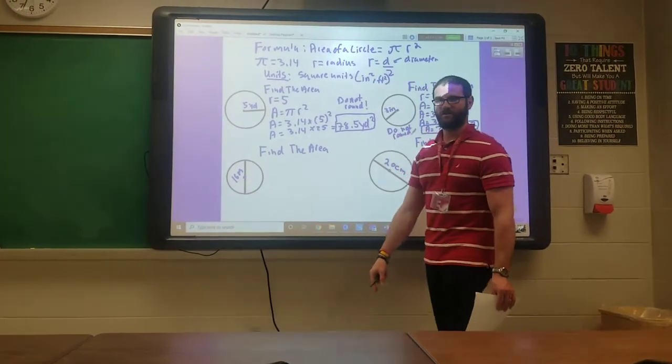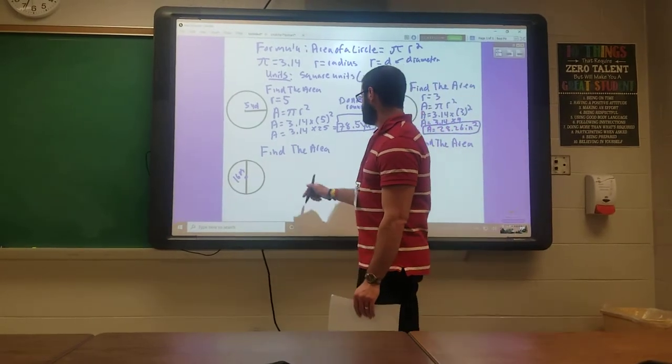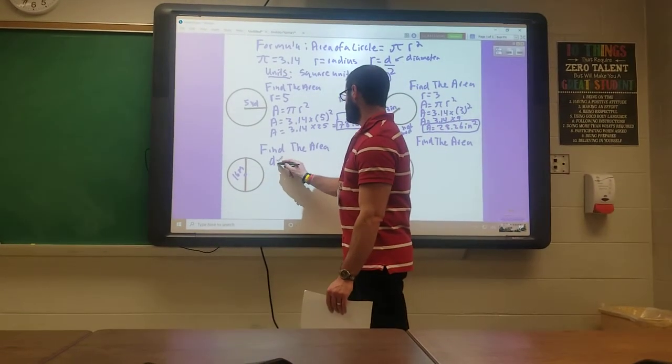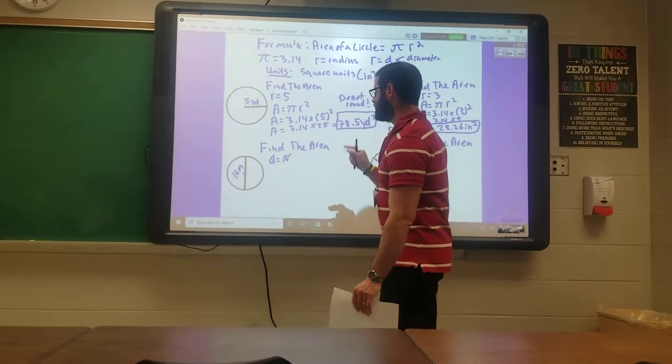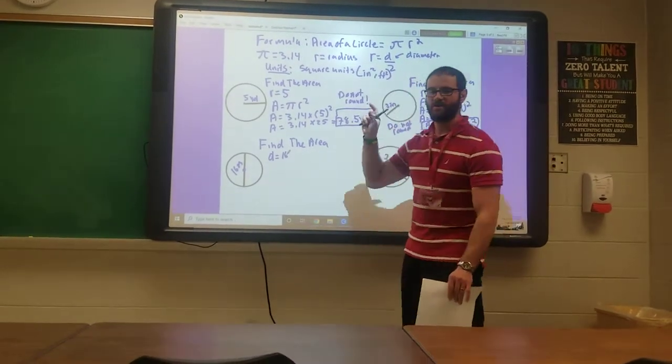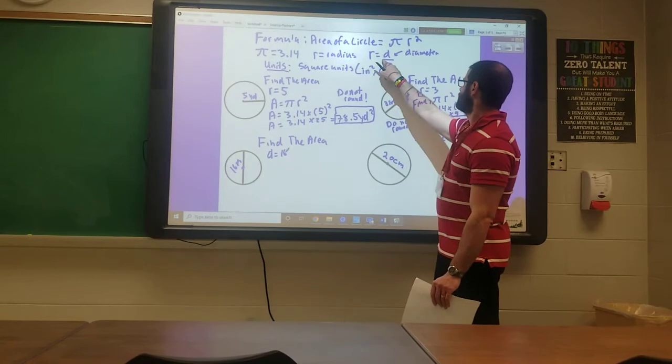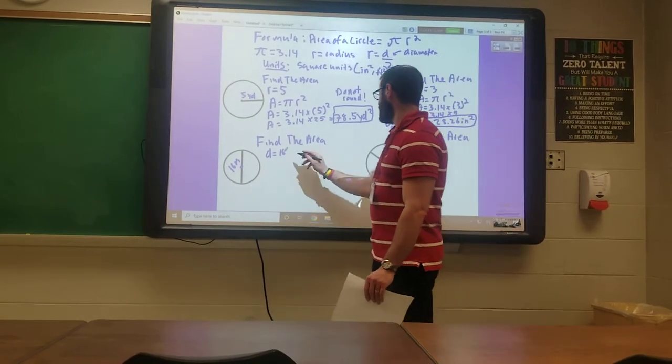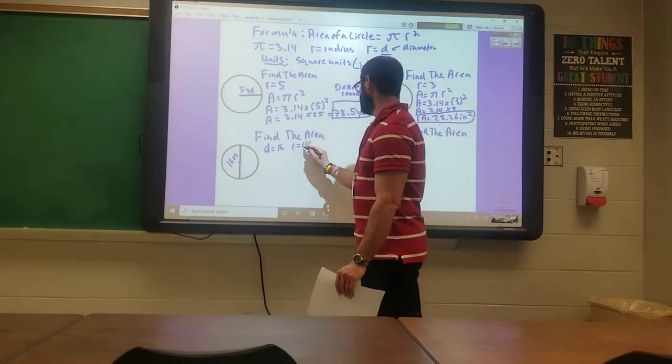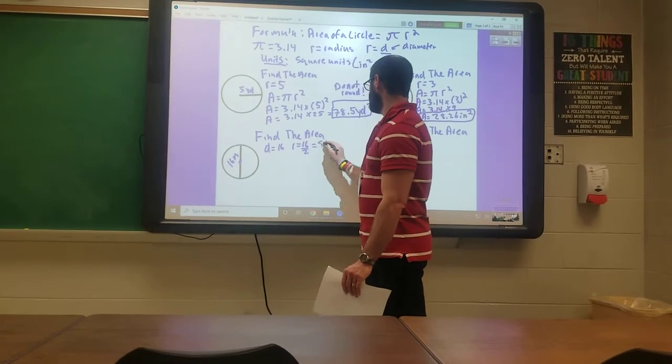That's the full distance across the circle. So diameter is equal to 16. Remember, we need the radius though. So how do we find the radius if we have the diameter? Divide by 2. So the radius is 16 divided by 2, which is 8.